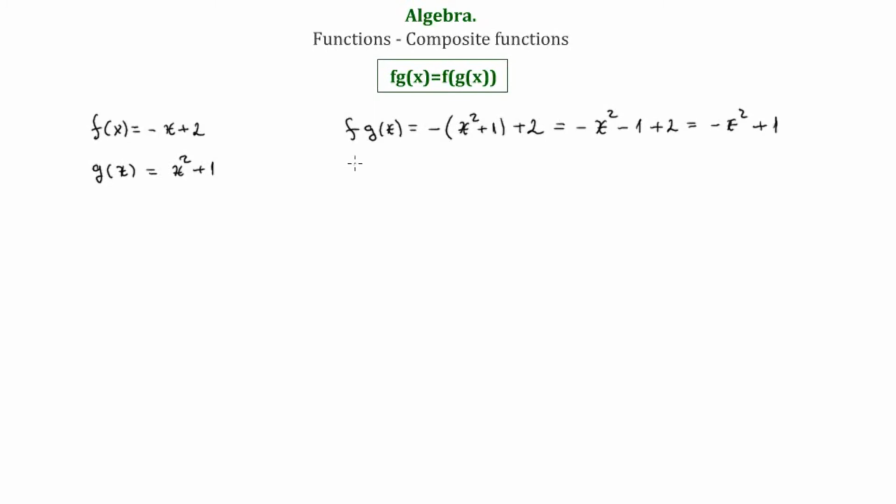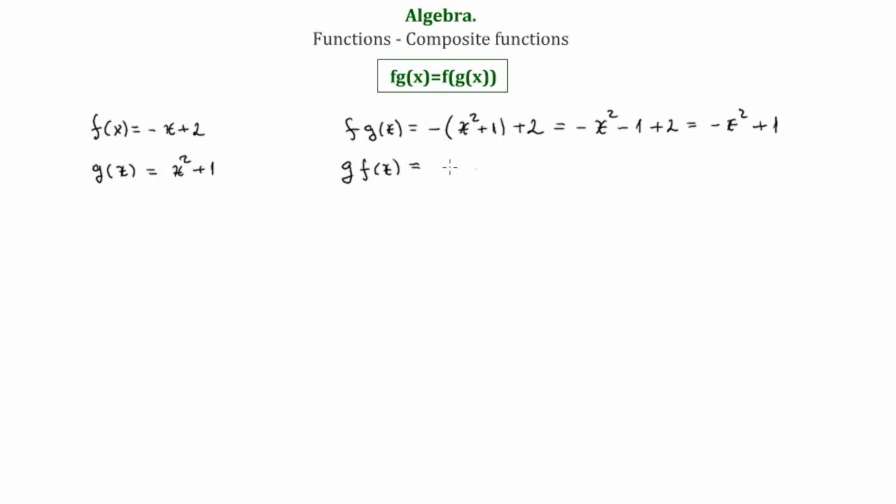Now, our other composite, gf of x, we obtain by replacing the variable x in the function g with minus x plus 2, which is our f of x. So then, we have something to the power of 2, but no longer the x.